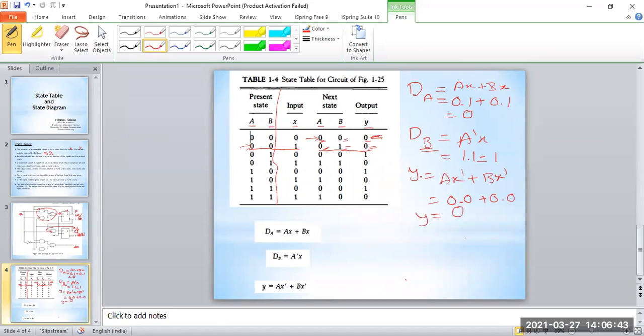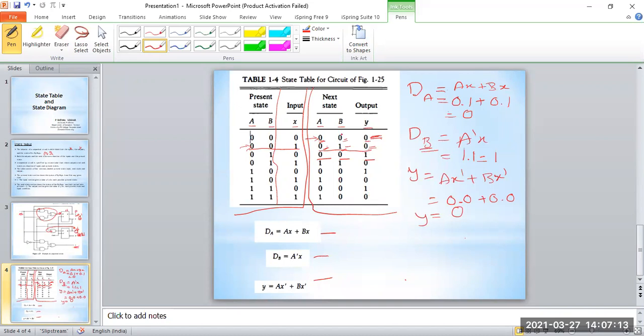So in this way, by substituting the values of a, b and x in the three equations, we will get the corresponding output values. We use the left three values to get the right three values, and in this way we have to fill all the records. Got it?